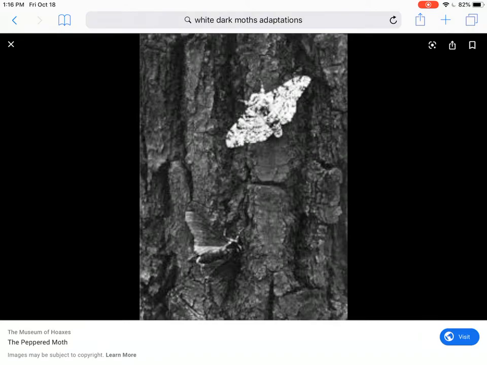But can you see the one down below him? I can't point to this one because I'm on the internet, but there's a moth down below him, down and to the left. He is much easier to hide. It's going to be a lot harder for the bird to see. That's an adaptation, that over time the moths change their colors so that they become harder to see.